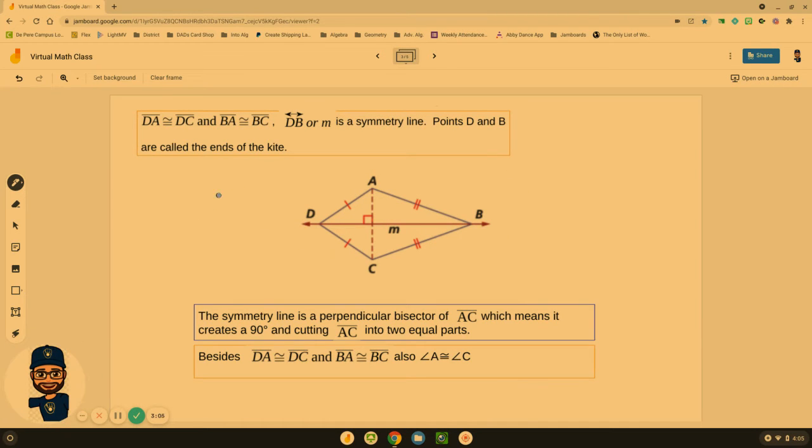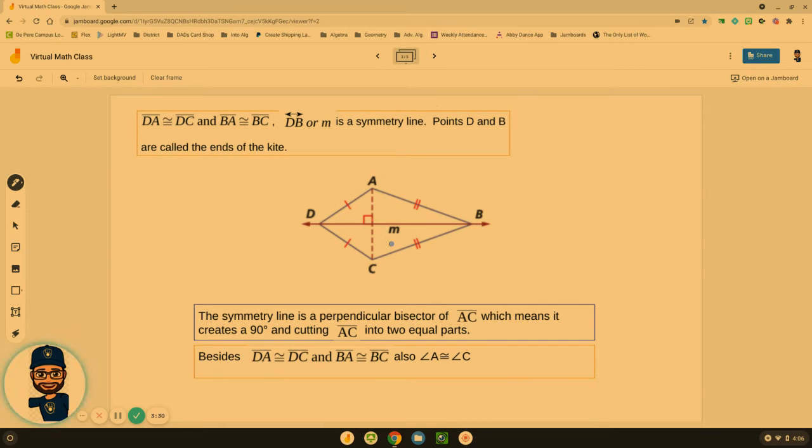Number 1, all right, DB, that longer one that we drew, you might want to write this kite down with those letters. This line, DB or line M, is a line of symmetry. Right? I could fold it in half, rotate all the way around, reflect all the way around. So it's a symmetry line.